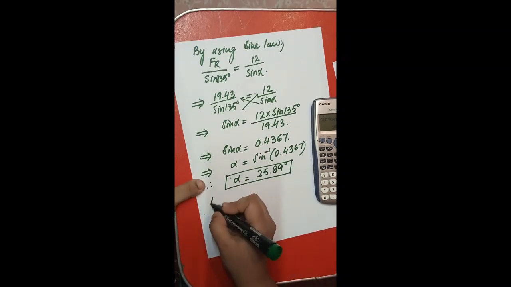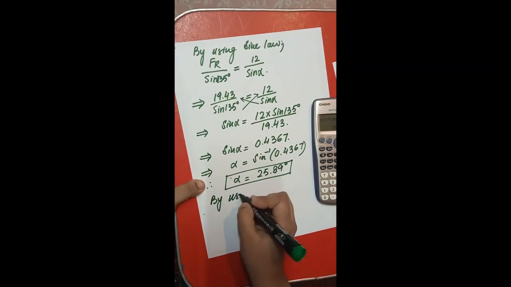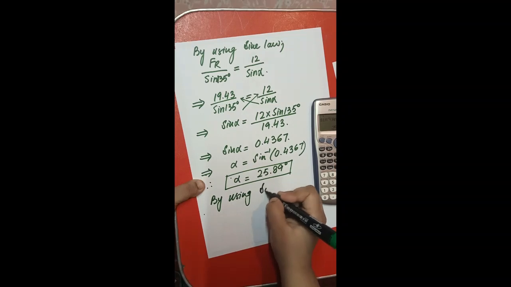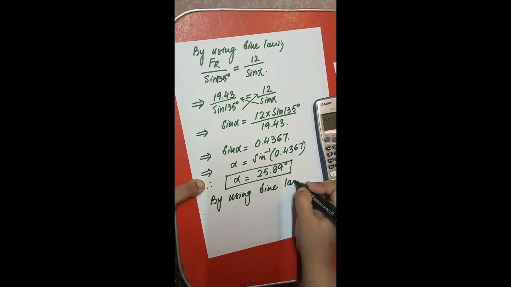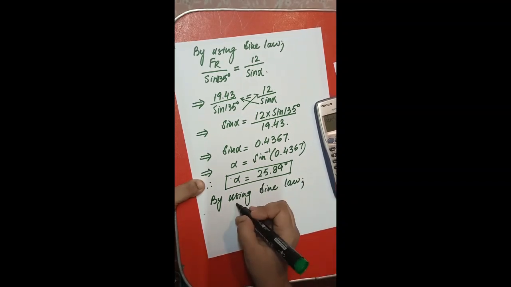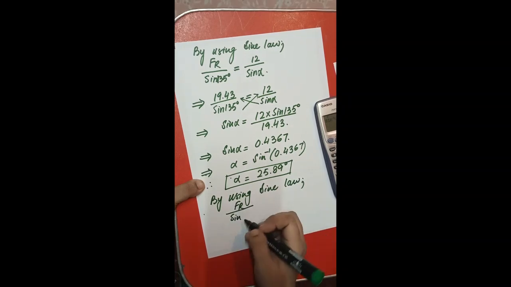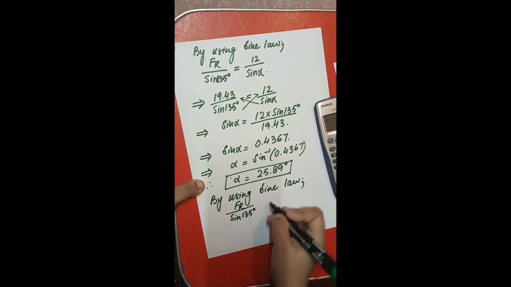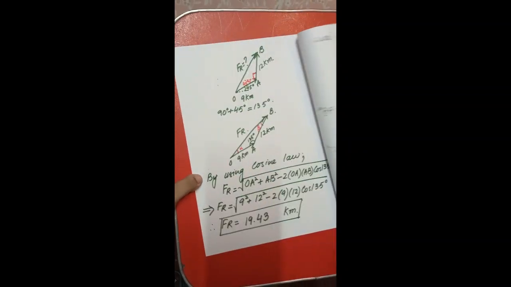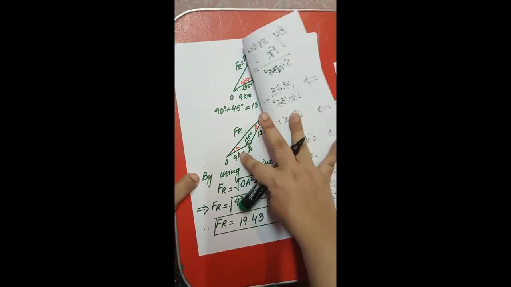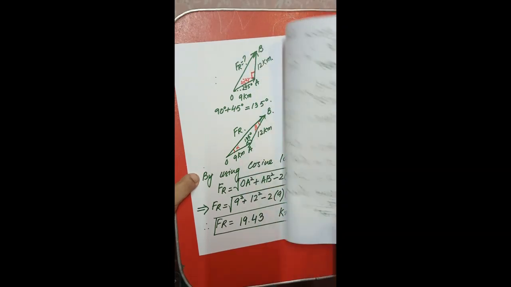So by using sine law again, now we have to find out beta. So now again you can take Fr upon sine 135 degree, and the side for beta is the length 9 kilometer opposite to beta.